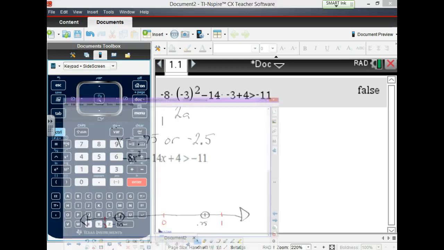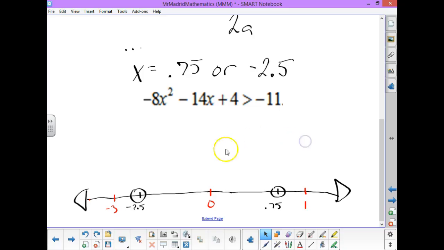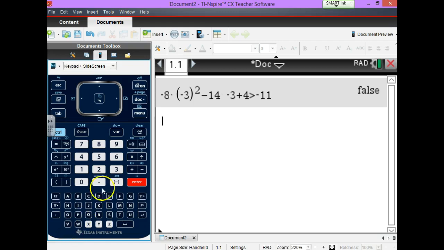So that means if I come up here, this interval region right here, from here to there, does not work, so that's out of the question. Now I'm going to come back to my calculator.